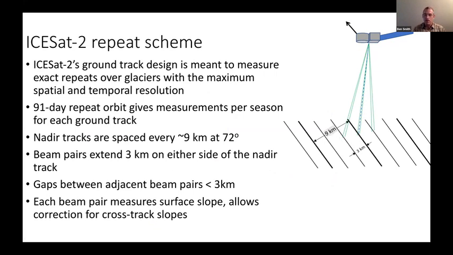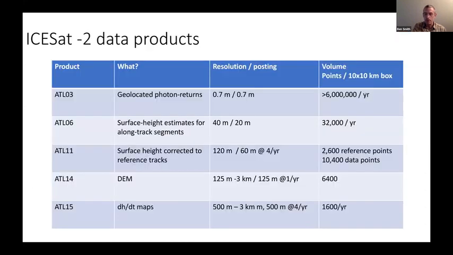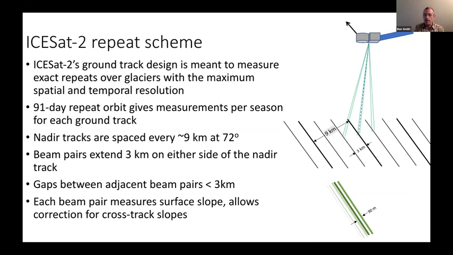So if you fill those in with the 2 outrigger pairs, you get a uniform track spacing that's converging on 3 kilometers. The individual tracks are 90 meters apart, and so given a conservative estimate of how well ICESat-2 would be able to point to its repeat tracks, we'll get overlapping tracks pretty consistently.